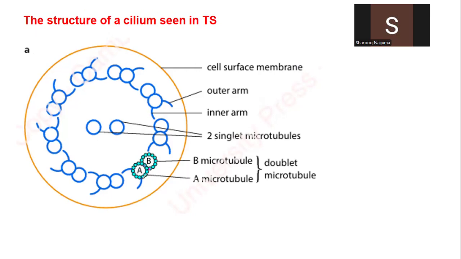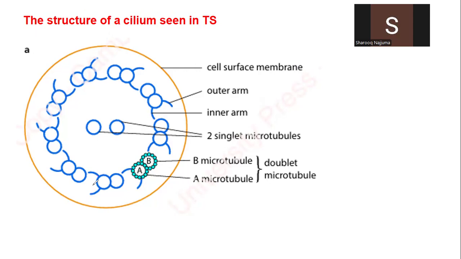And microtubule A has arms. These arms are protein in nature, and they are made up of a protein called dynein. Dynein protein. So, microtubule A has arms, and these arms are very important during movement.